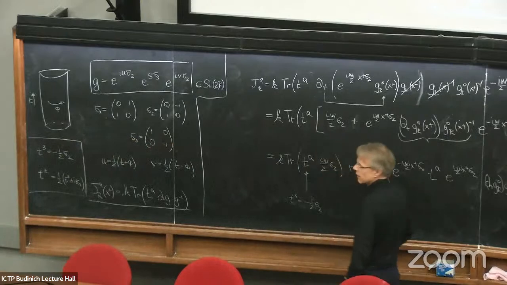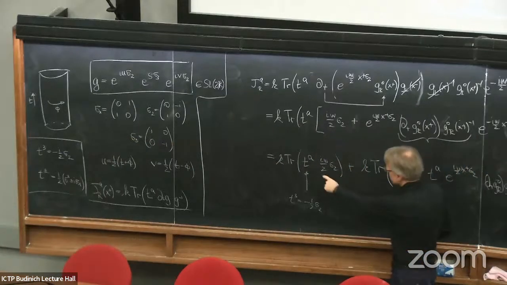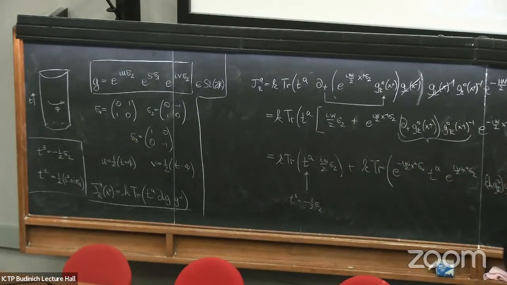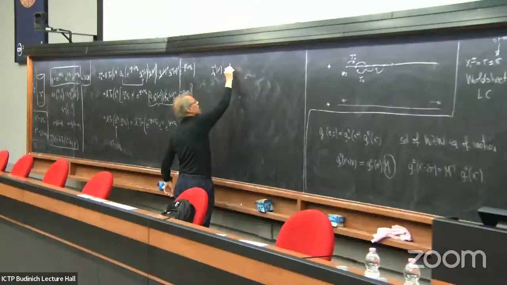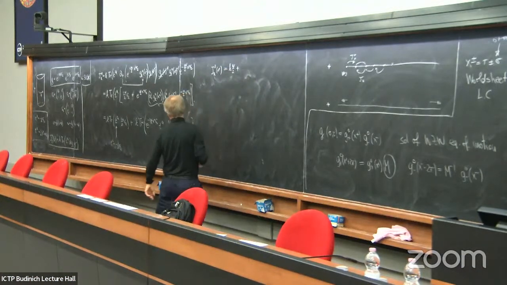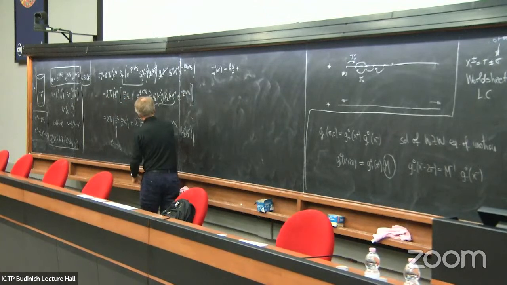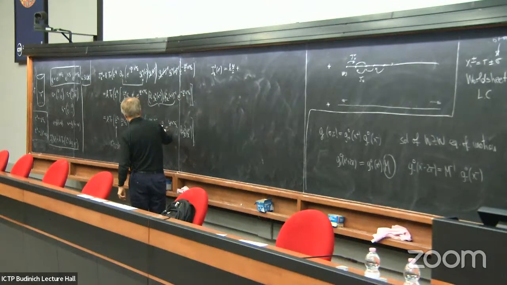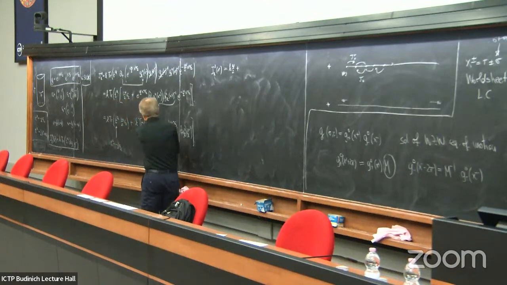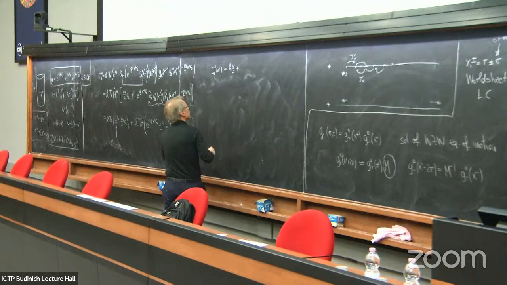Sigma_2 squared has trace equal to 2. So this term will be equal to k times w over 2, plus, so this comes from this term. And from this term, since T3 is also proportional to sigma_2, obviously sigma_2 commutes with itself, so this term goes away and you just keep the old current.